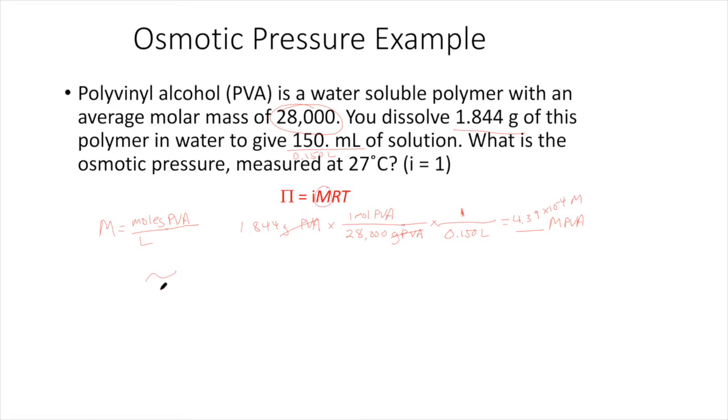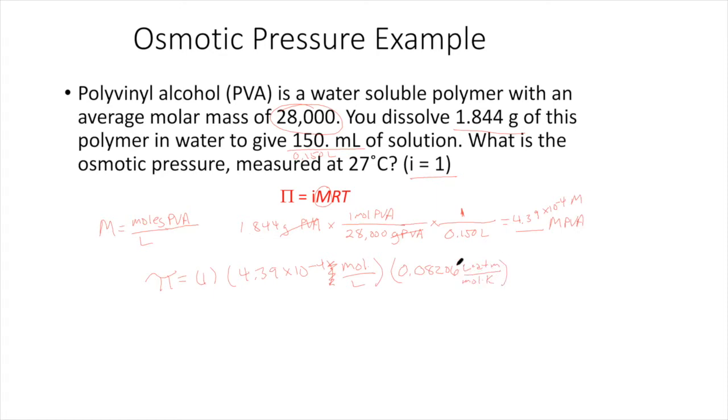So I can just calculate the osmotic pressure. i is equal to 1, we're told that. The molarity is 4.39 times 10 to the minus 4. Let me write out the units there: moles per liter. The reason is that I'm going to use R, 0.08206, which is liter atmospheres per mole Kelvin.